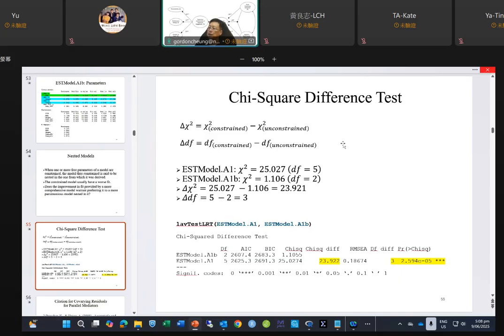What that means is the unconstrained model fits the data significantly better than the constrained model. So the improvement in fit is much better. This is the concept of nested models, to compare 2 nested models. When you add constraints, whether it will improve or not improve.